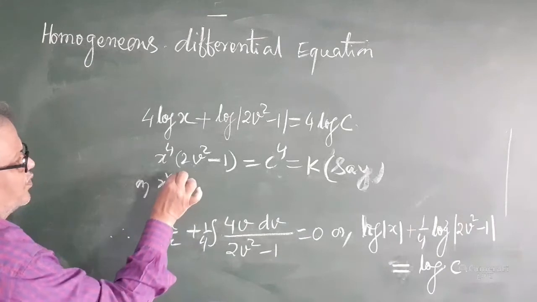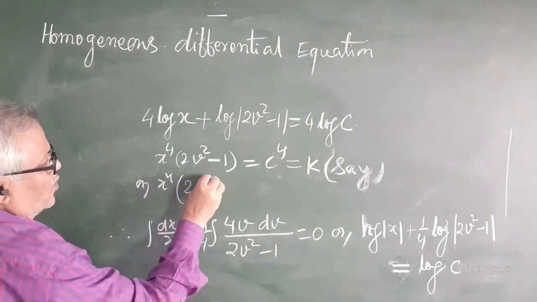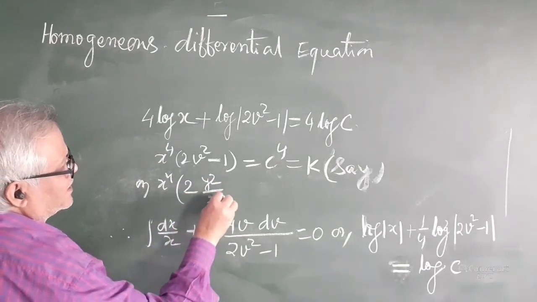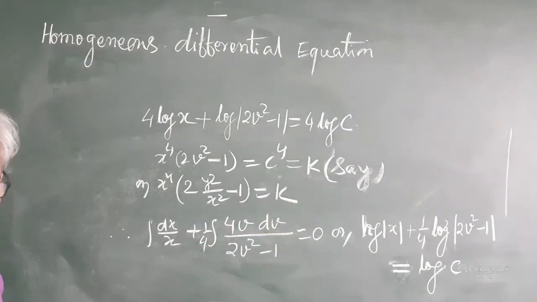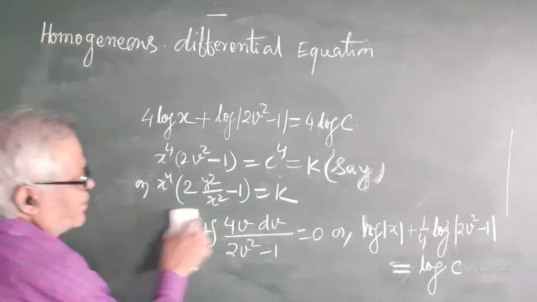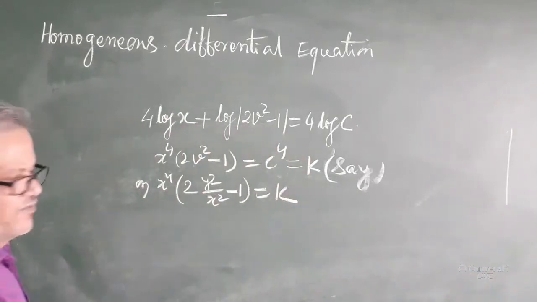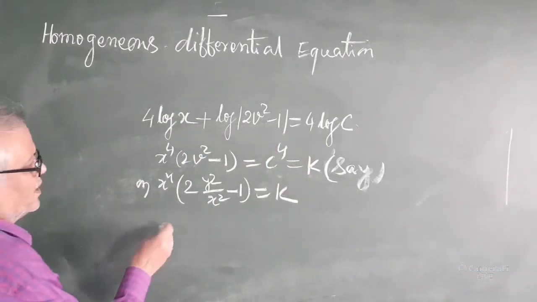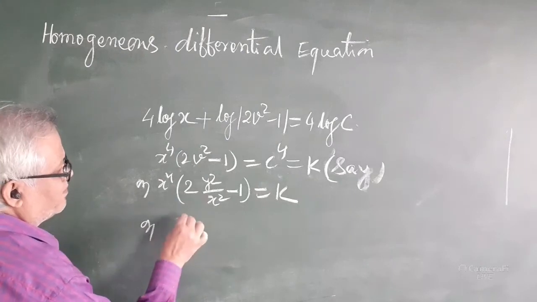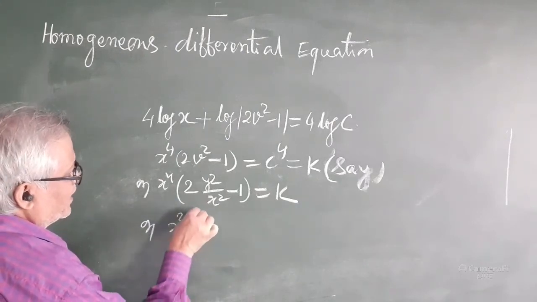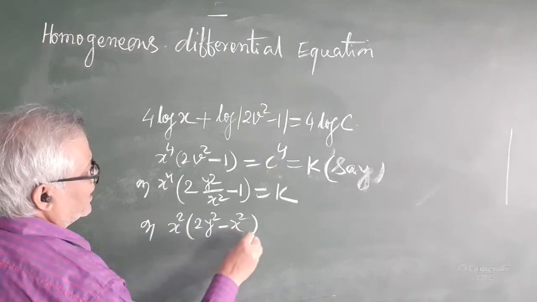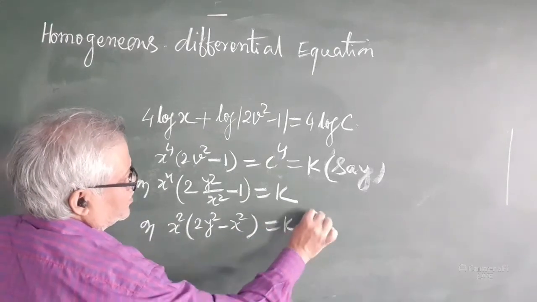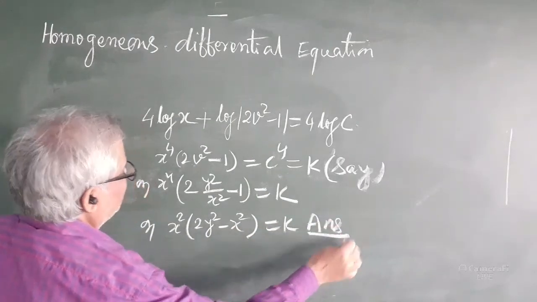We have x to the power 4 into 2y square divided by x square minus 1 is equal to k, and the solution reduces to the simplest form: x square into 2y square minus x square is equal to k. So this is the solution of this differential equation.